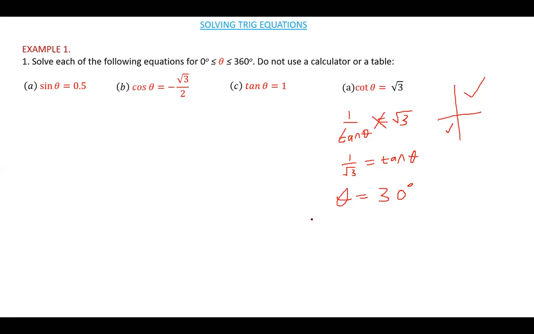So in the first quadrant, theta is going to be the same 30 degrees.